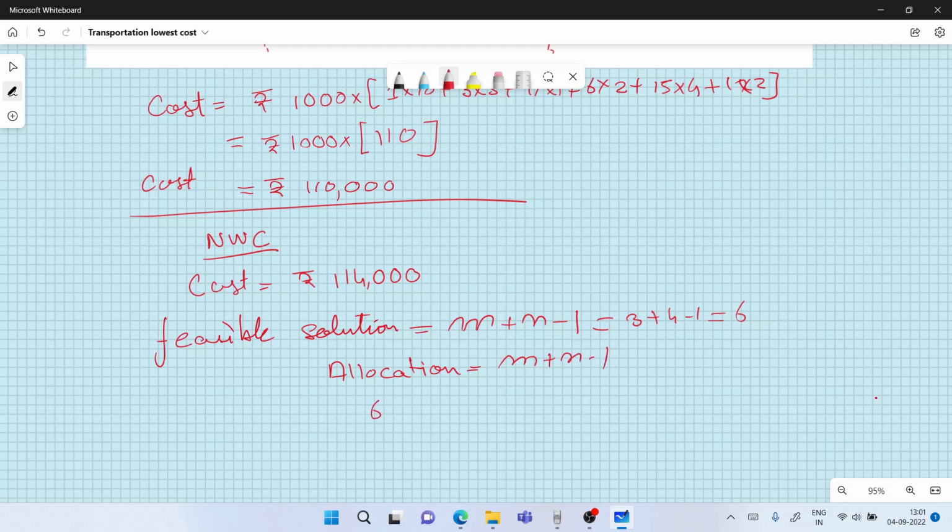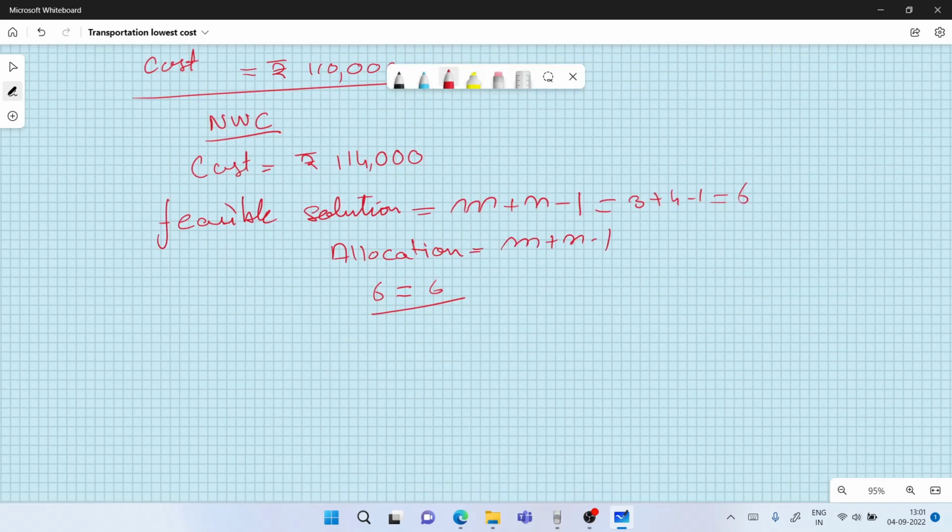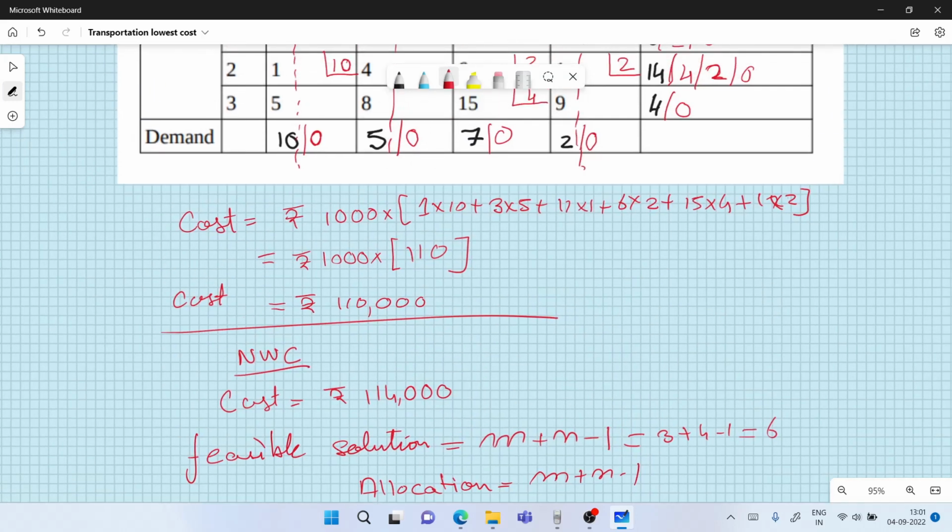Now we have 6 allocations here, and of course m plus n minus 1 is also 6. So this is a feasible solution, and this is also known as a non-degenerate feasible solution. If the number of allocations is lesser than m plus n minus 1, then we call it a degenerate solution. But this is a non-degenerate feasible solution.